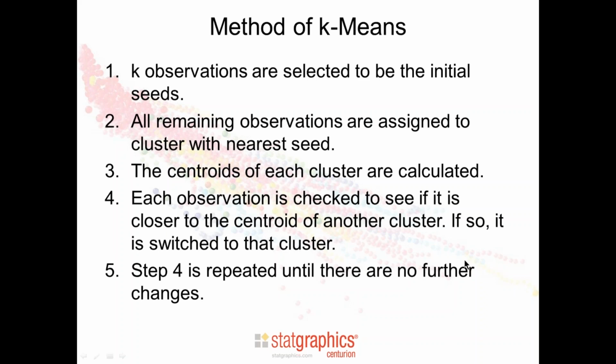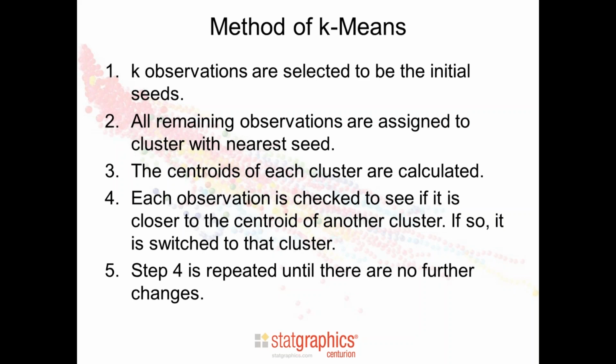You then recompute the centroids and you repeat until nobody is closer to the centroid of a different cluster than they are to their own cluster. It's called the method of k-means.